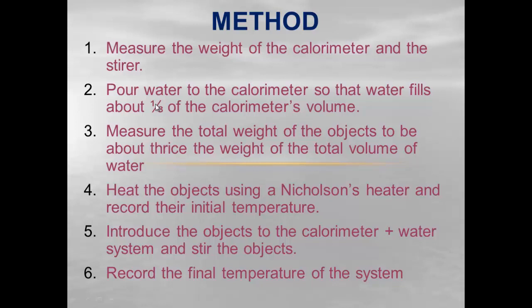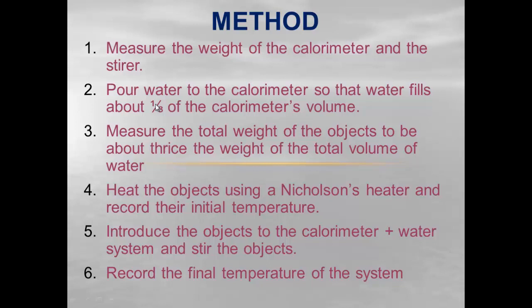It should be less than half, because you have to add the objects, considering their volume. If the volume of the object is very small, like coins, you have to put numerous coins, so the number of coins is a large value.